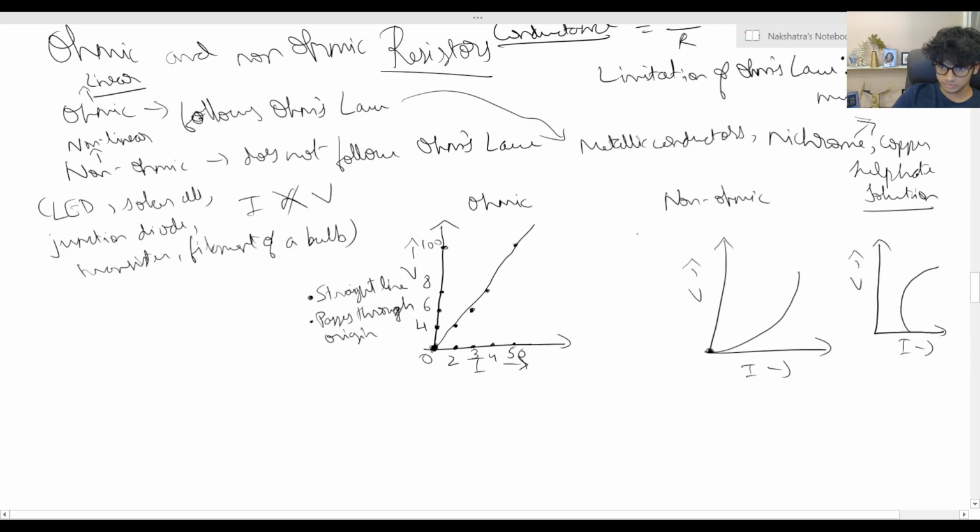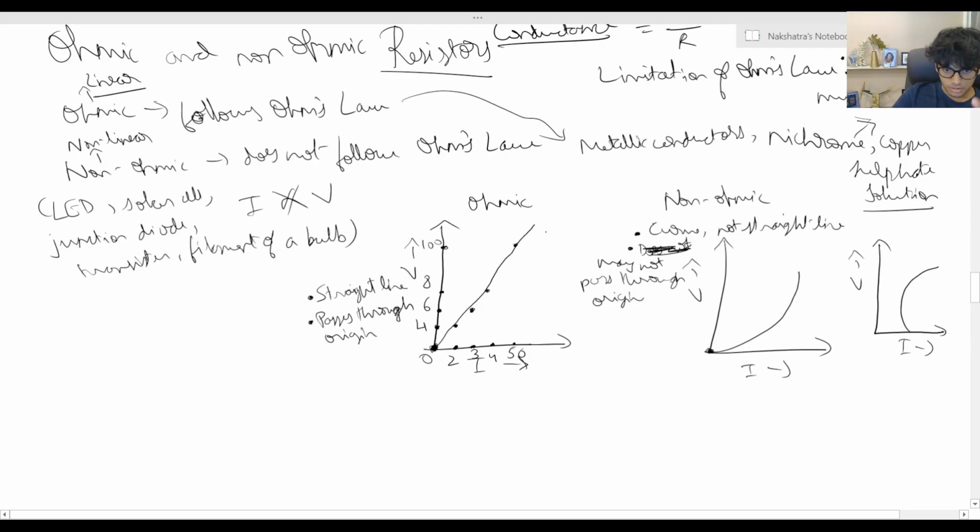For non-ohmic, it is always a curve, not a straight line, and it may not pass through the origin. Okay, it may not pass through the origin.